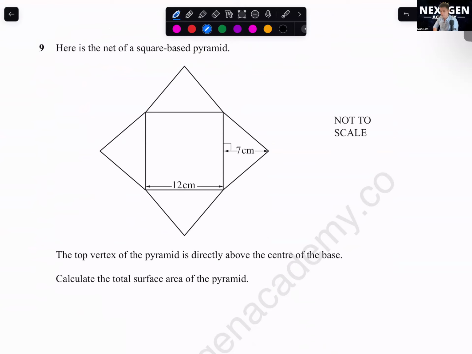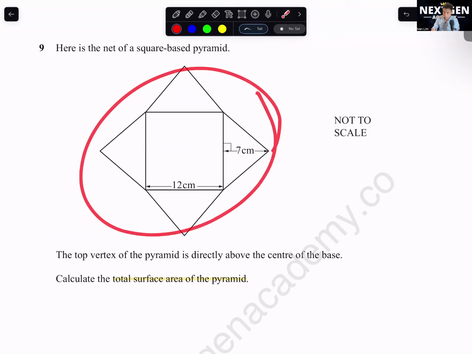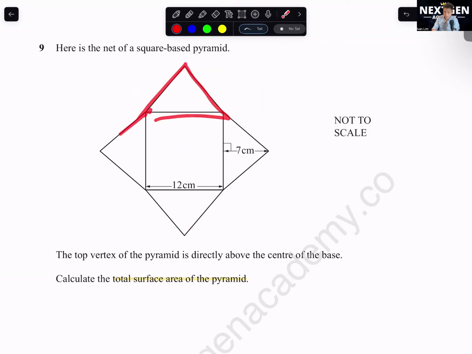Come, everyone try. What is the total surface area? Total surface area means this is actually a 3D pyramid, but they cut it out like origami. So I want you all to calculate the area for this plus this plus this plus this plus this. What would be your answer? Everyone try. Tell me your final answer.